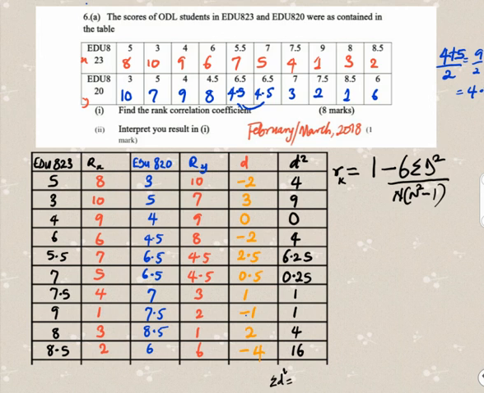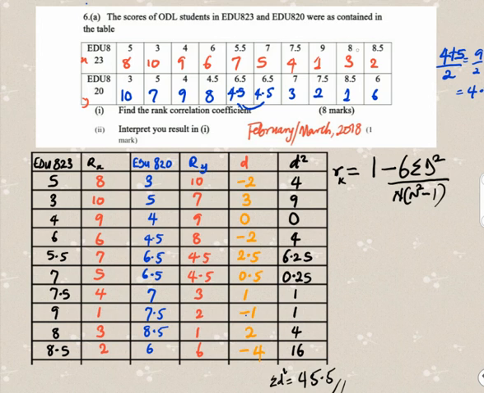So I have 45.5. You can confirm that 45.5 as a summation of the d square. Then the n here simply means the number of scores we have for each of the variables.